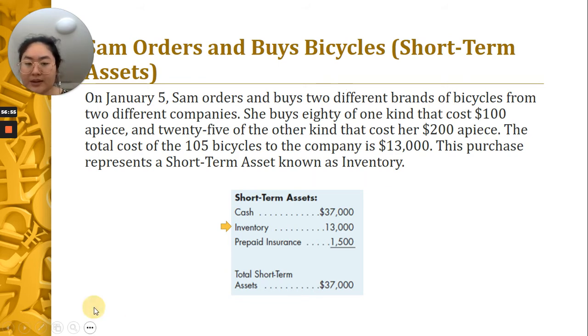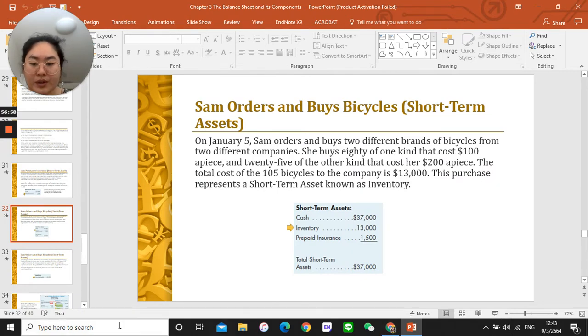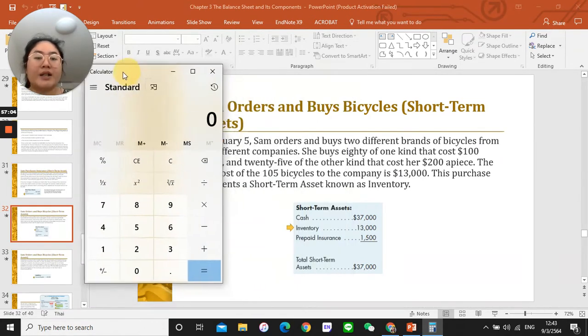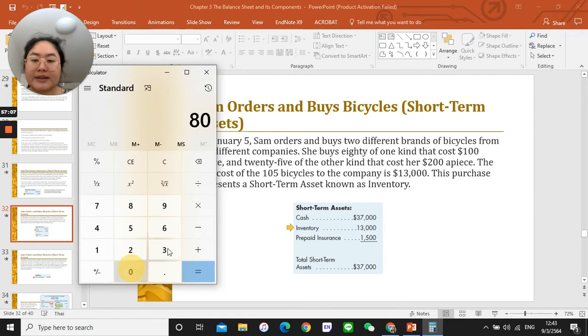So I will calculate this for you. For the calculation, 80 multiplied by 100 equals 8,000, but the 25 multiplied by 200 at the cost is 5,000.